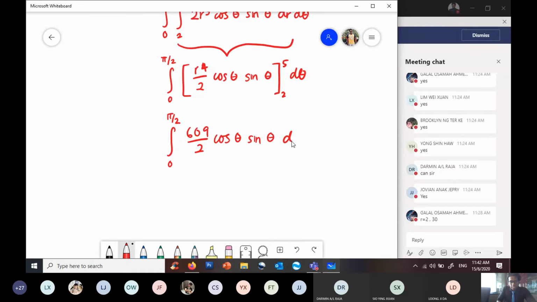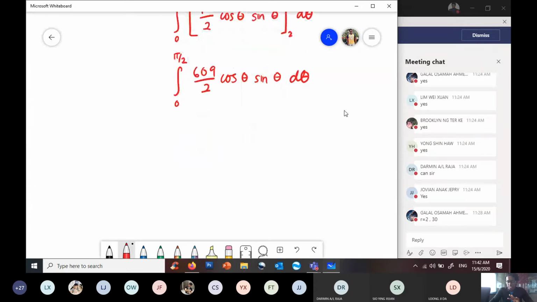Okay, d theta. Now, this integral is a bit tricky because I have cos and sine at the same time, but if you do enough practice, you will see that this can be done by using substitution. Why not I let my u to be sine, because I know if I differentiate sine, I will get cos. So therefore, du over d theta is differentiate sine, you get cos, and therefore du is equal to cos theta d theta. This is not something new, just a quick recap of how to use substitution.